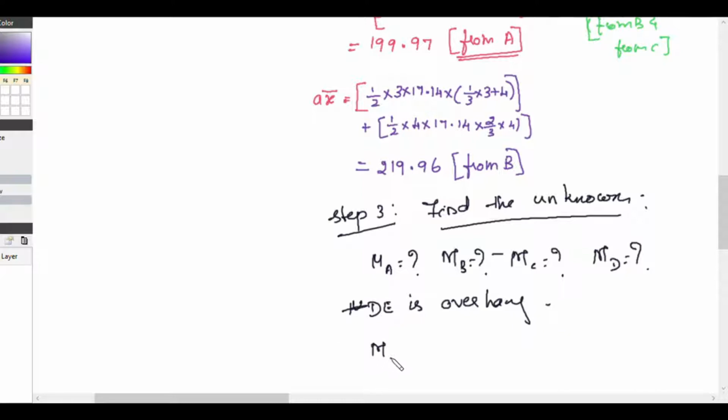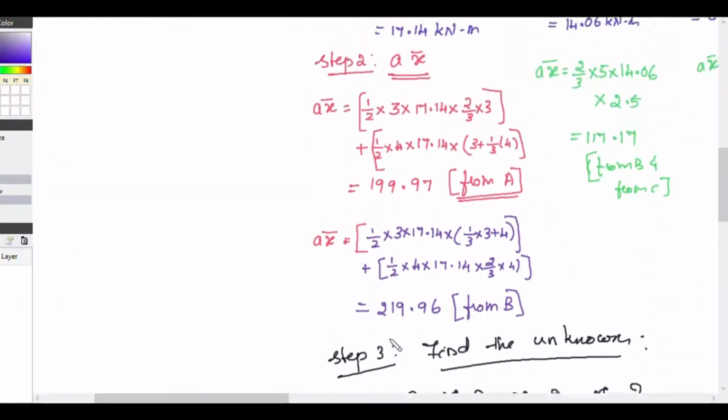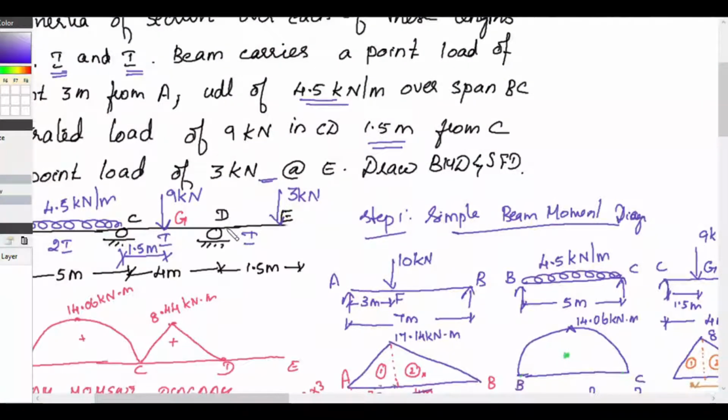Therefore, our moment at D will be equal to 3 into 1.5. When you are taking the section at D, the right clockwise becomes negative.